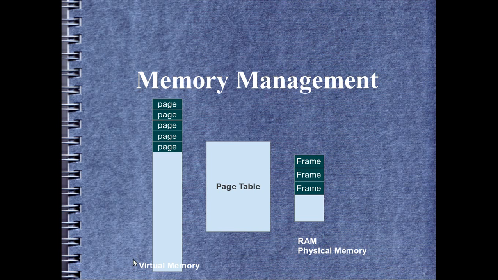The operating system, or the memory management unit of the operating system, makes use of virtual memory. Why virtual memory? There could be a situation when you have a set of processes that require more memory than what we have in physical RAM.